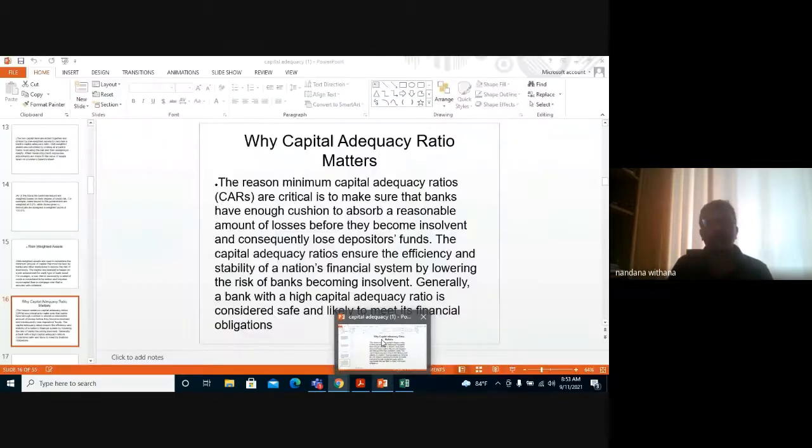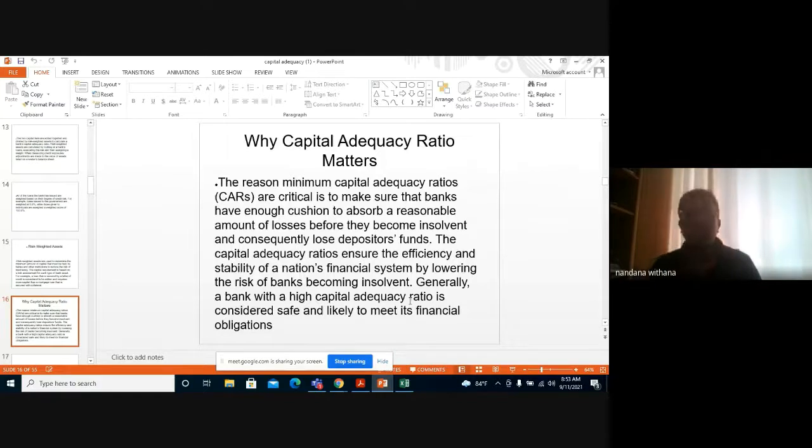Now, when we come to here, unlike any other businesses, if one bank collapses, depositors believe all the other banks are not safe. They want to withdraw money. And one after the other, banks will collapse. That is what I showed at the very beginning. Banks run.